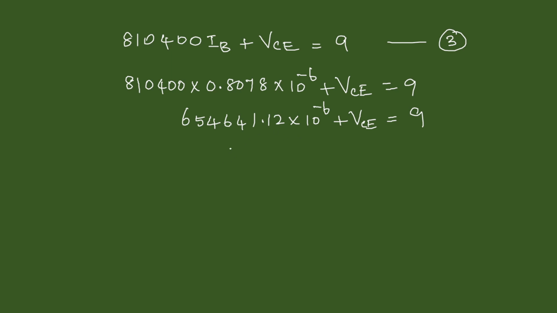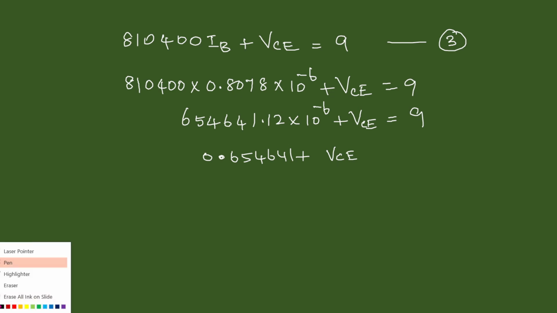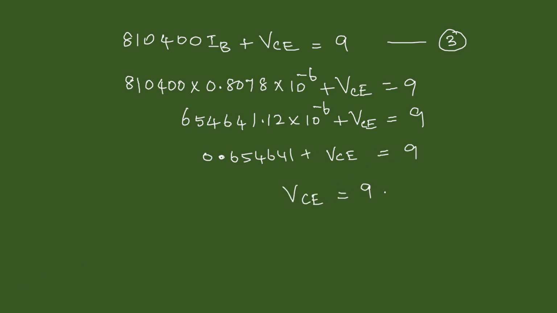So this can be written as 0.65464, right? Because it is 10 power minus 6. VCE is equal to 9 minus 0.654641.